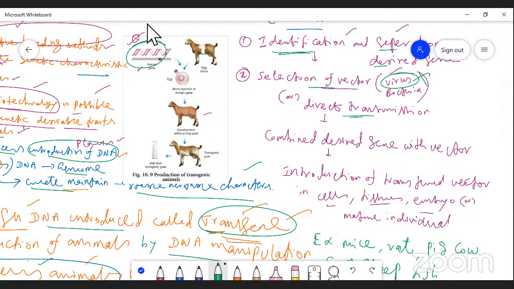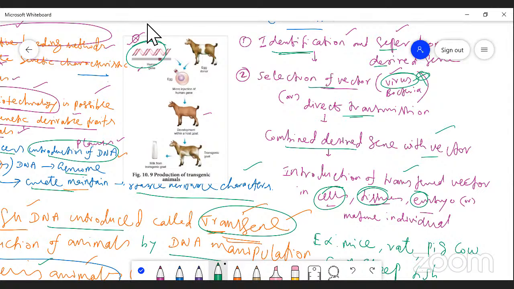What is called a vector? The organism which is carrying the gene, the carrier, is called a vector. The virus acts as a vector. Through the virus only, the genes are transferred. Then the desired gene combined with the vector is introduced into either cells or tissue or embryo or mature individual.